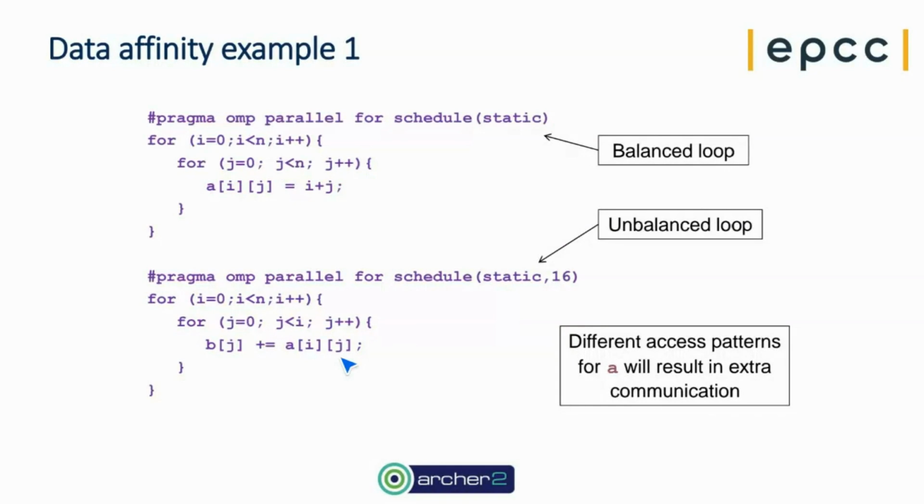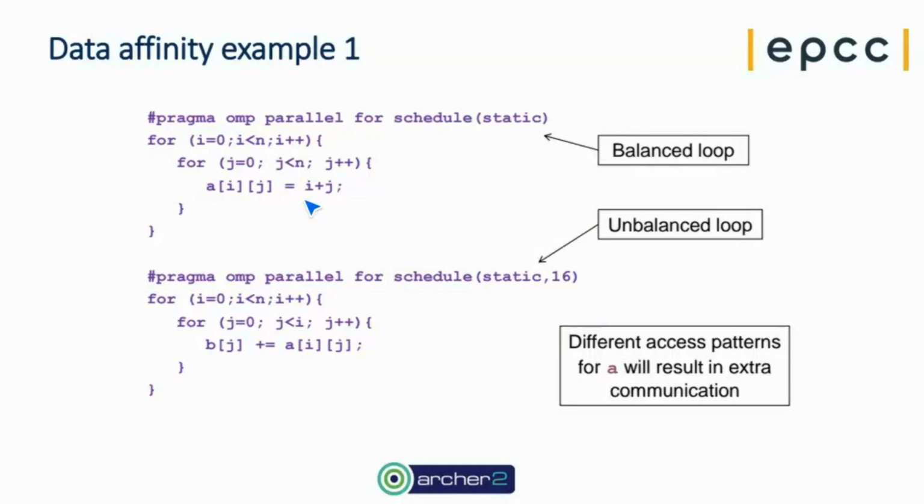The second loop reads values from this two-dimensional array A, and the first loop writes values into A, but this is not a triangular loop. This is a rectangular loop, so j runs from 0 up to N. So this loop is well balanced, and at first sight there's no reason not to use a static schedule and just divide the iterations equally between threads.